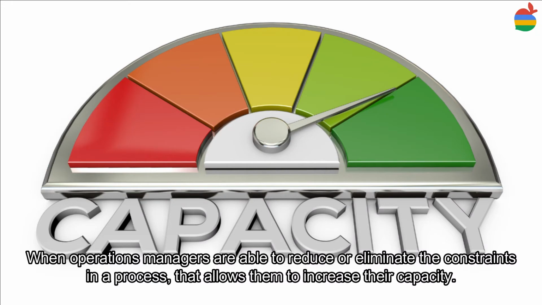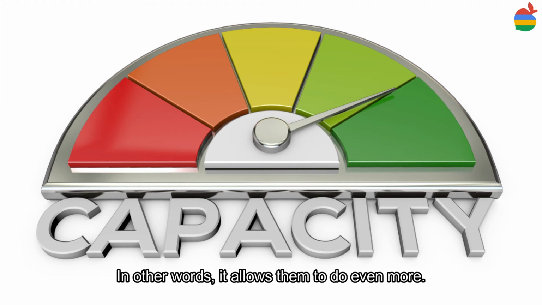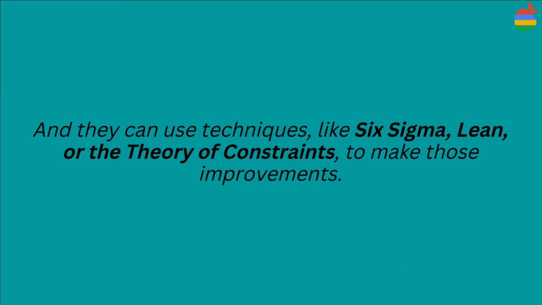When operations managers are able to reduce or eliminate the constraints in a process, that allows them to increase their capacity. In other words, it allows them to do even more, and they can use techniques like Six Sigma, Lean, or the theory of constraints to make those improvements.